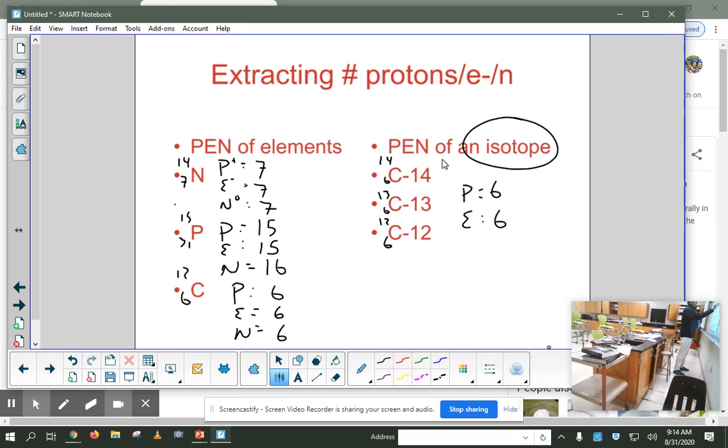Subtract the 2, this is going to have 8 neutrons. This one is going to have 7 neutrons, and if you subtract the 2, this is going to have 6, and that determines mass is different with isotopes, and your number of neutrons is different.